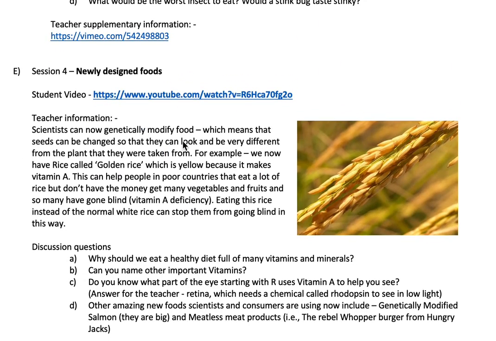The 4th session is looking at foods and how scientists have genetically modified food over time. Even I'm hoping year 1, year 2 and even kindy might be able to explore the idea that scientists can make extremely interesting changes to foods like rice and other things that can benefit the world.